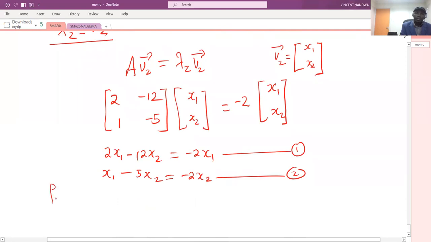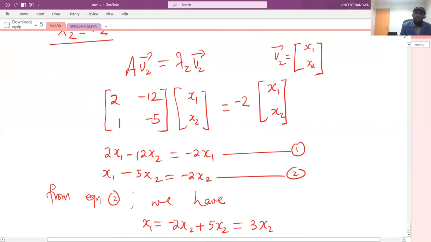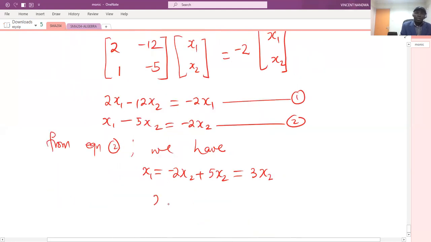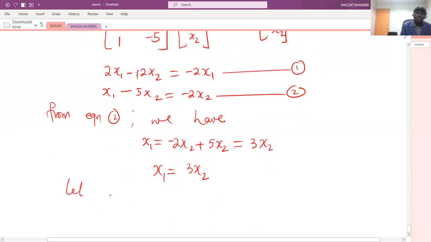And then from equation 2, we have x1 equals minus 2x2 plus 5x2, which will be 3x2. So this means x1 equals 3x2. So x2 is a free variable. Let x2 be t, which is just a real number. And then this will tell us that x1 equals 3t.